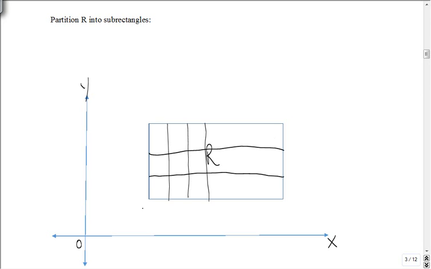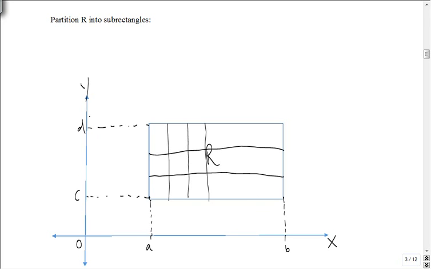Now I forgot to put the intervals. This here is a, this here is b, and here is c, and here is d.